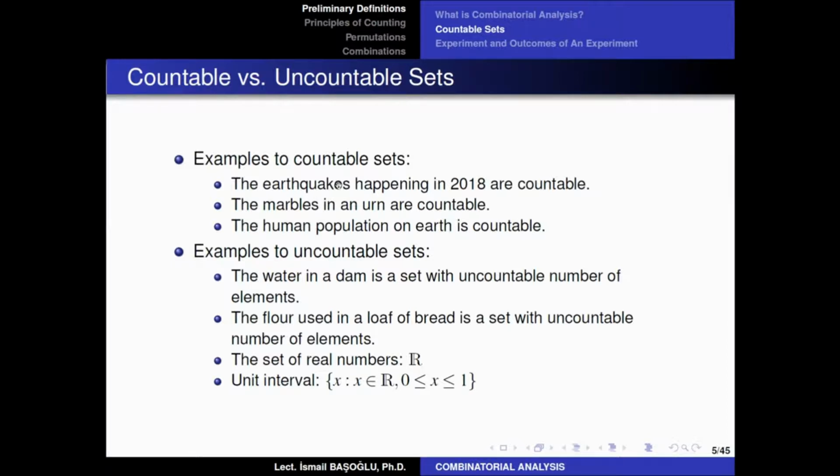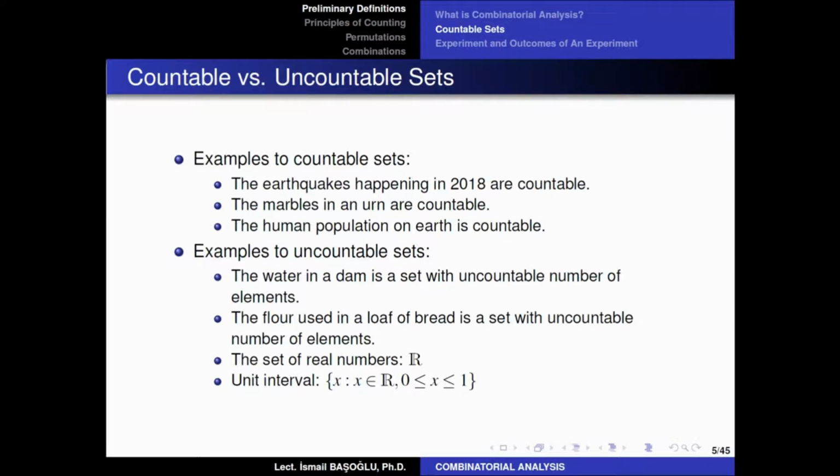We can simply count the number of earthquakes that happened in 2018. Or if you imagine an urn which contains too many marbles, these marbles create a set which is also countable. The human population is also a countable set.